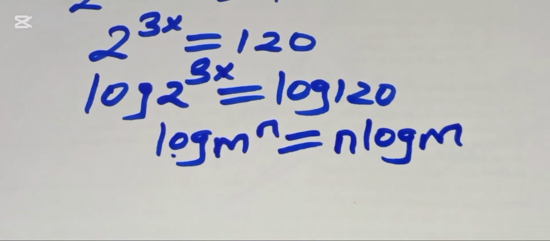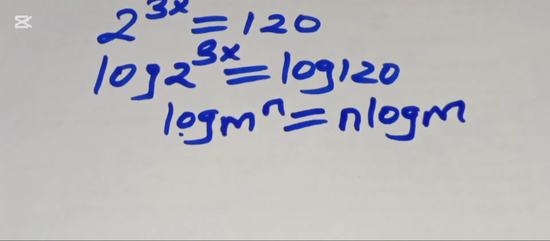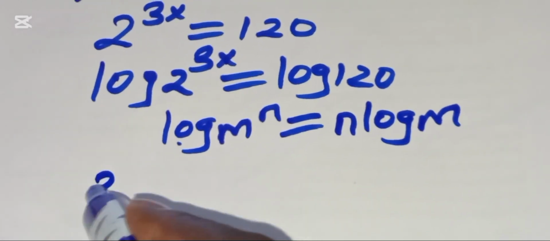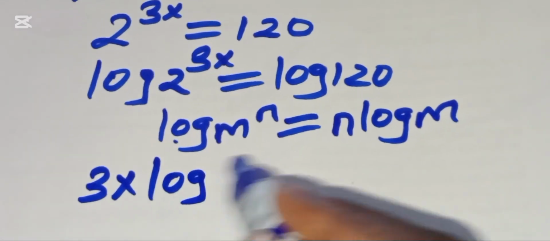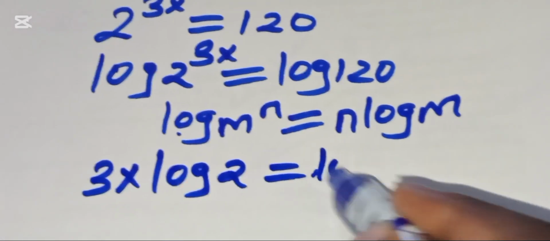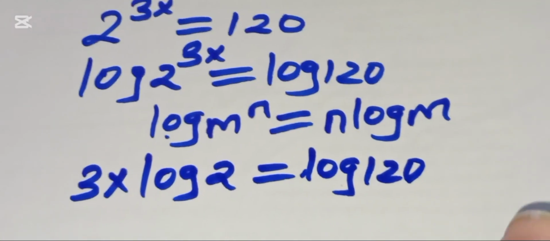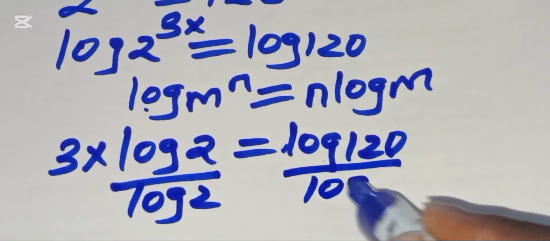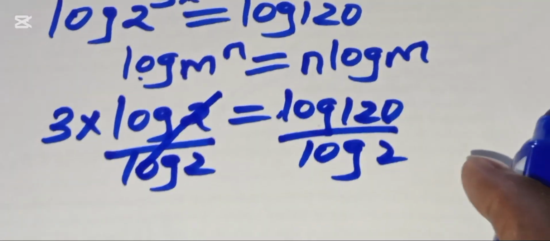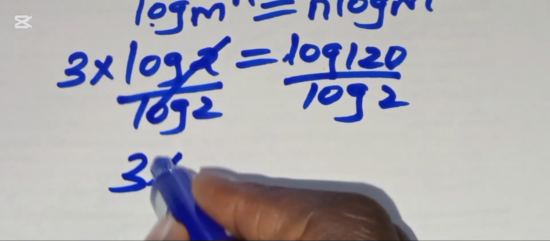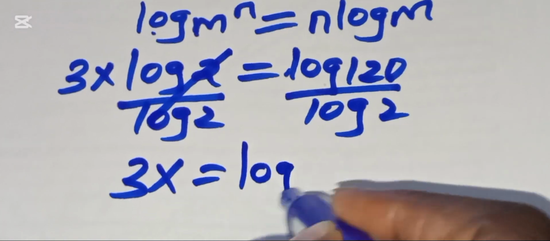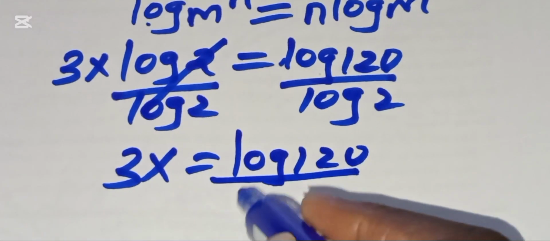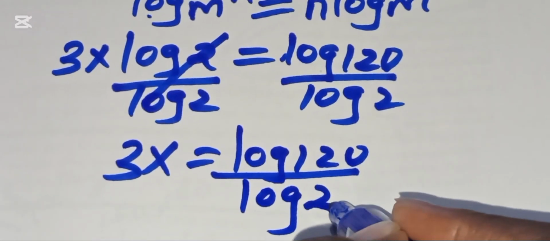This is the power rule property of logarithm. Applying this property, we're going to have 3x log 2 equal to log 120. So divide both sides by log 2. From what we have here, 3x is equal to log 120 divided by log 2.